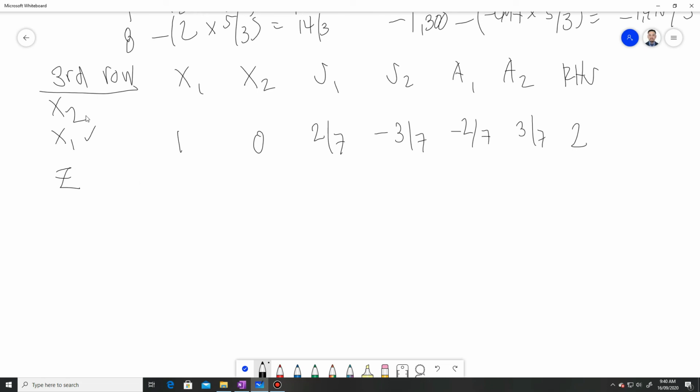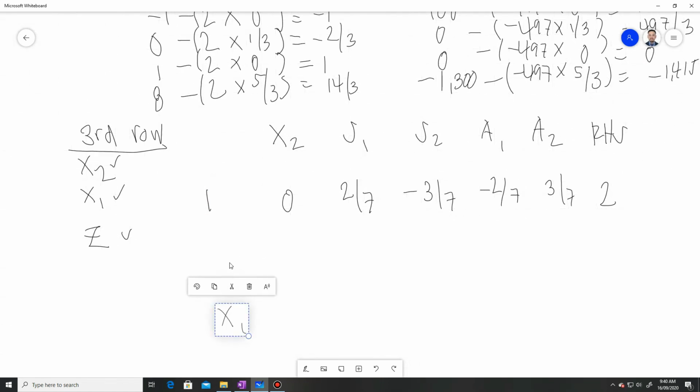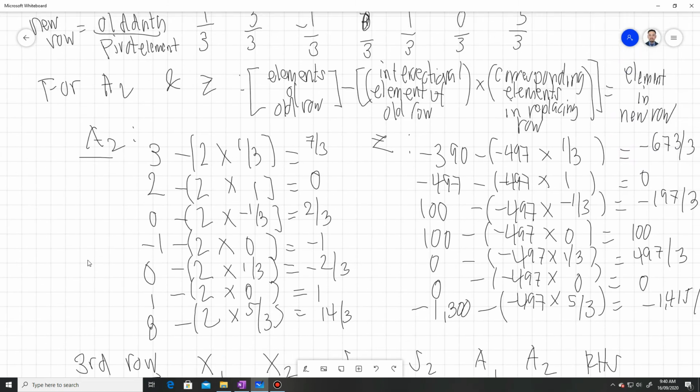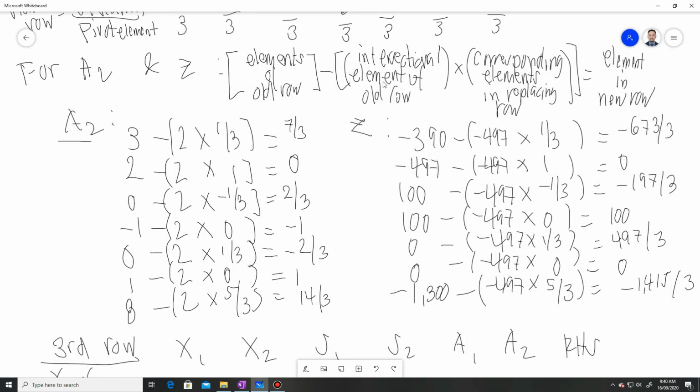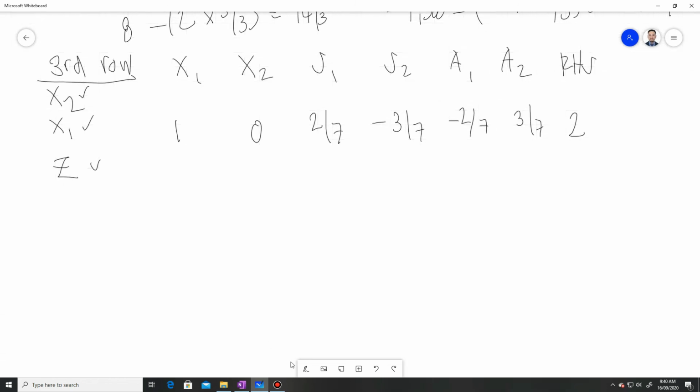And then next is to develop the new x sub 2 and the z by using this formula. So I will just write the answers.